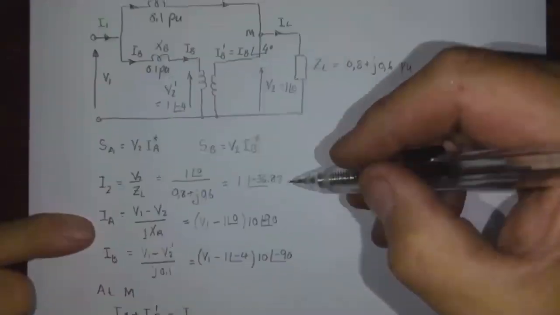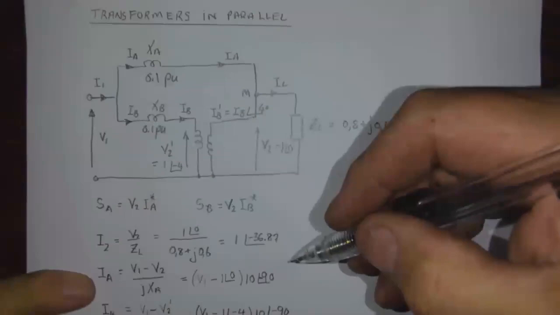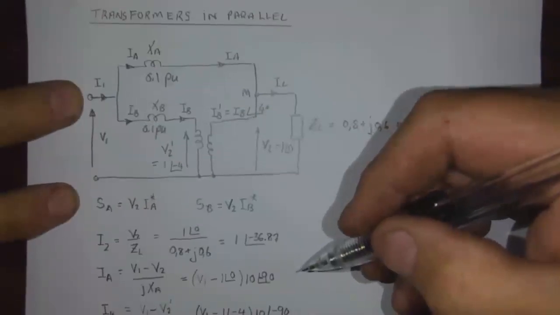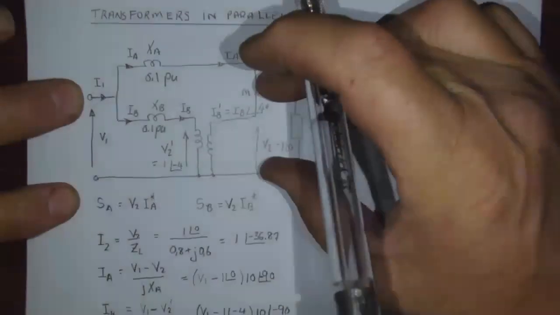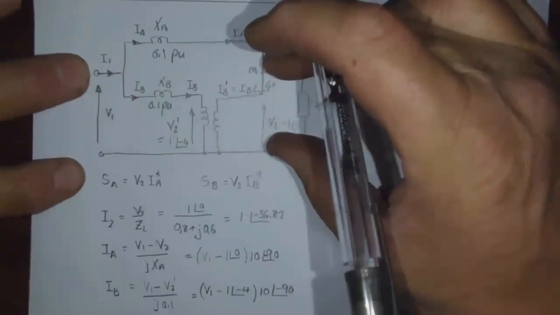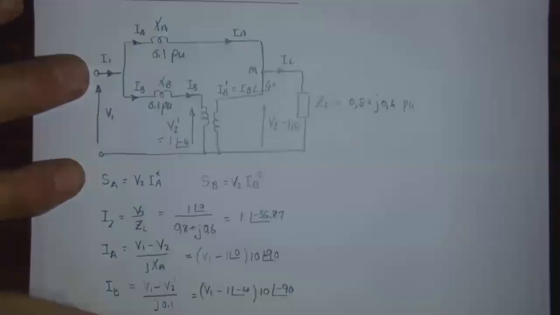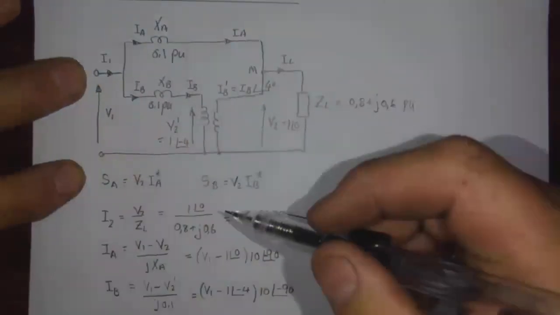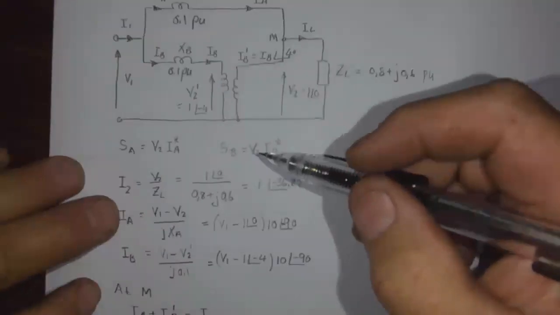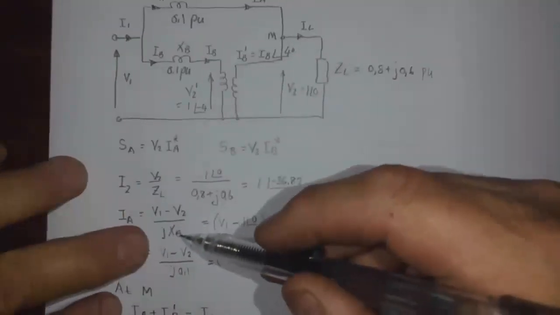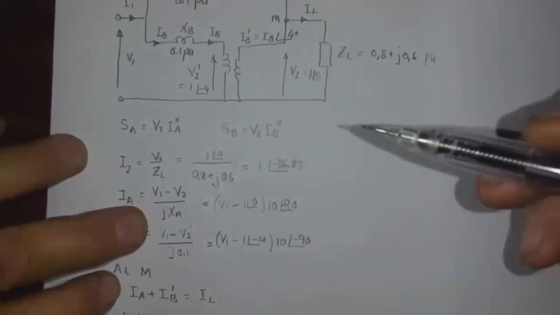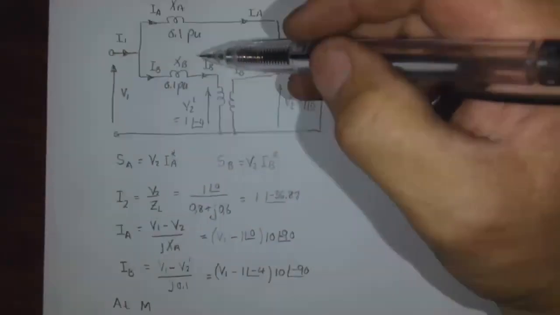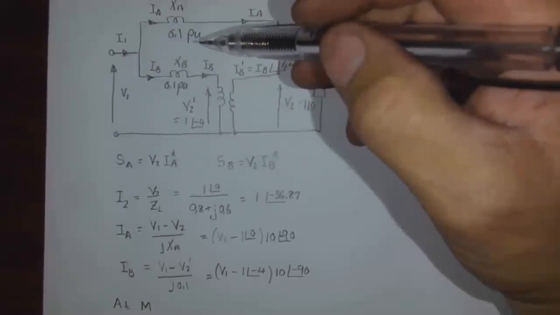Now IA, if we look at it, we have V1 this side and V2 on that side. So the current flowing through IA is going to be V1 minus V2 over the reactance of the transformer. Now I said it's 0.1 per unit.